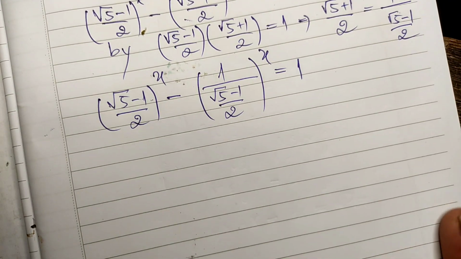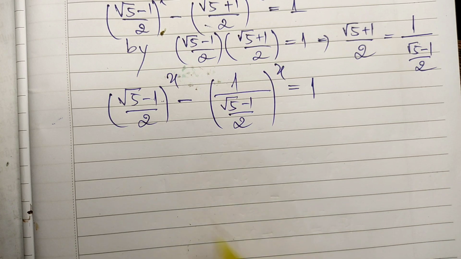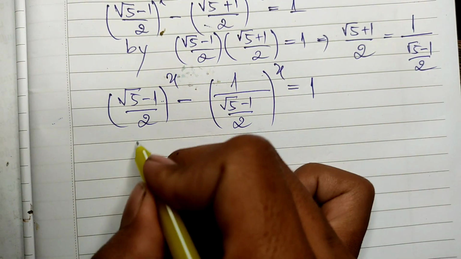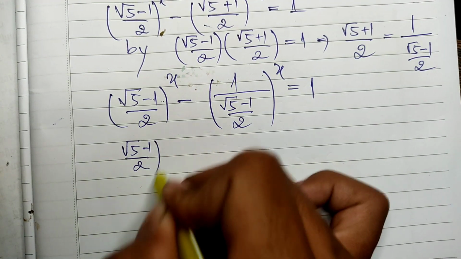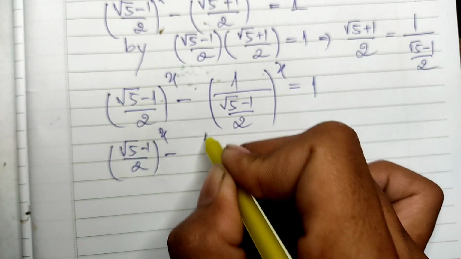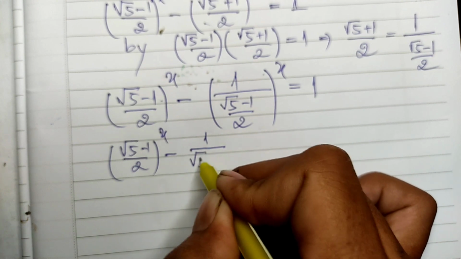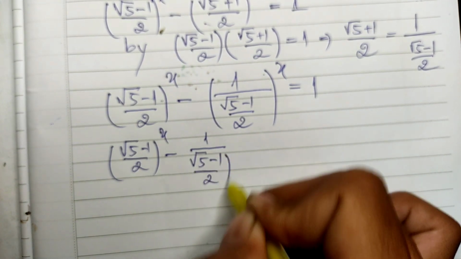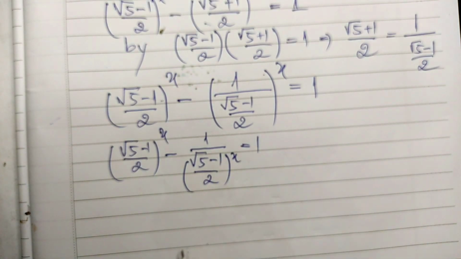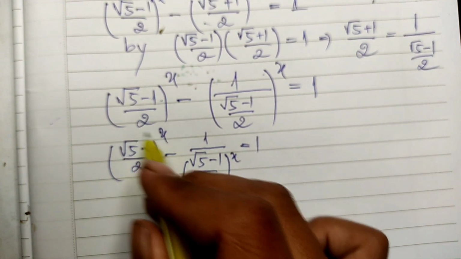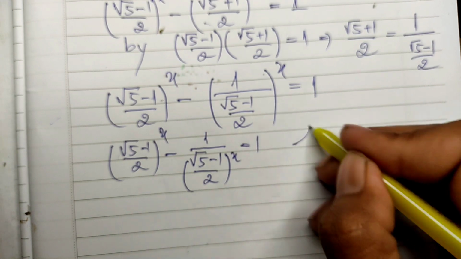Now in our equation we can write ((√5 − 1)/2)^8 minus (1 divided by (√5 − 1)/2)^8 is equal to 1. Now I let this expression be t.